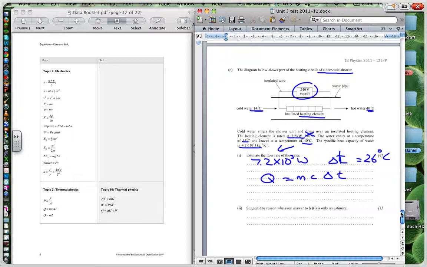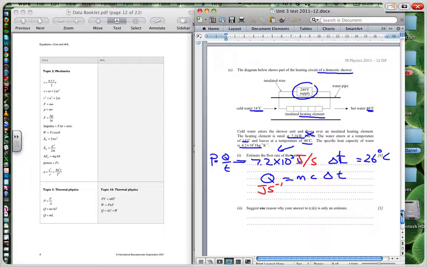Now I have been given my power, and we know that power is equal to Q over t. I can replace this watt by a joule per second.